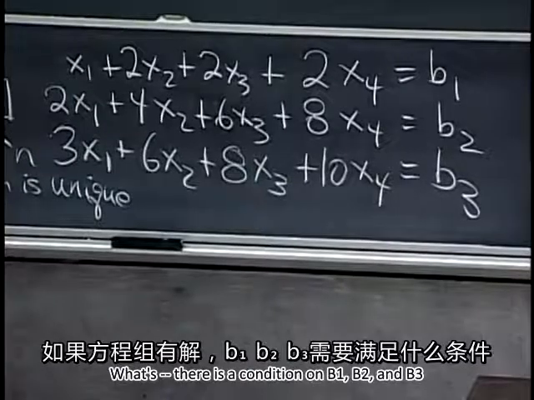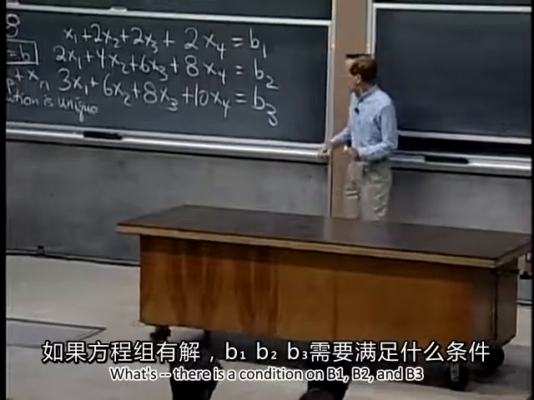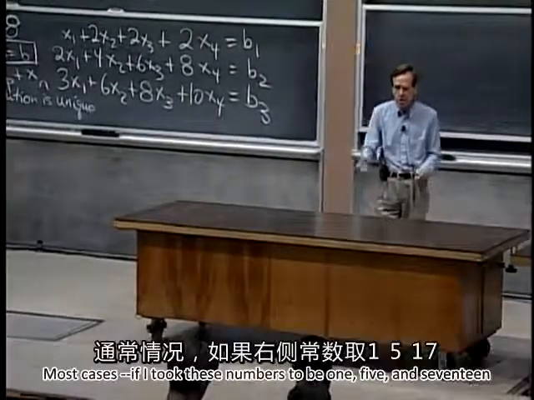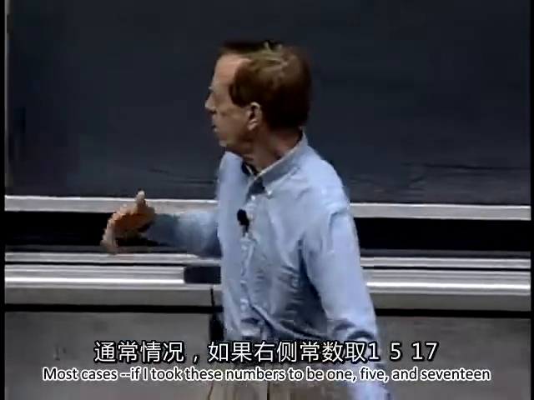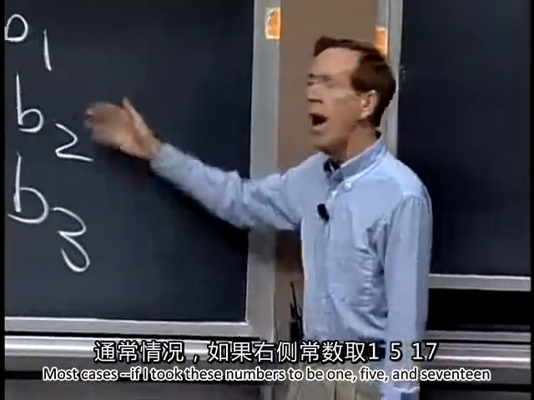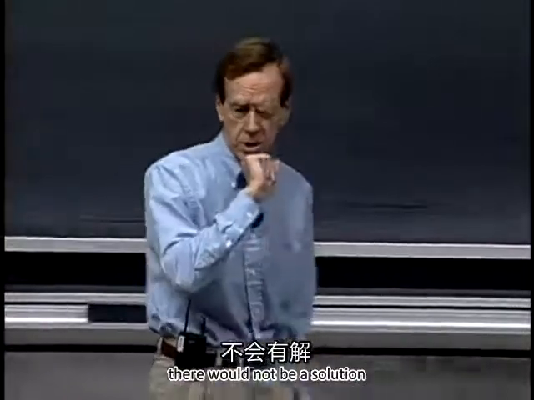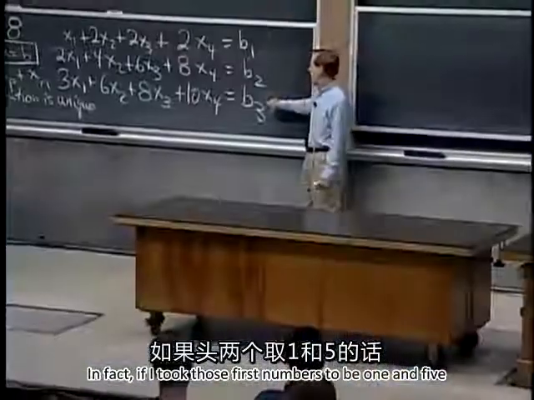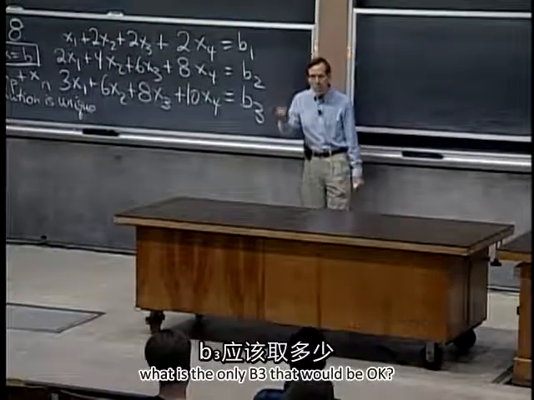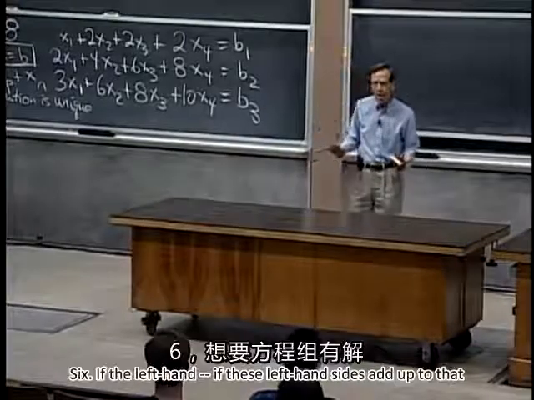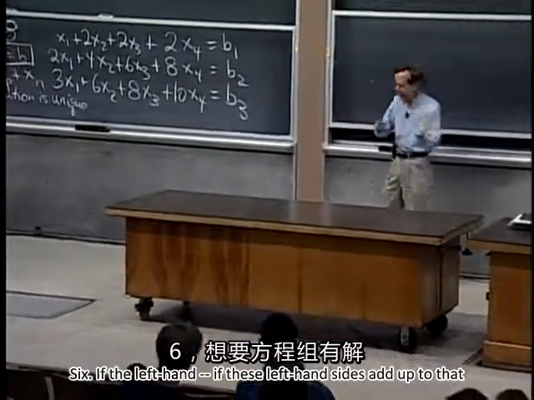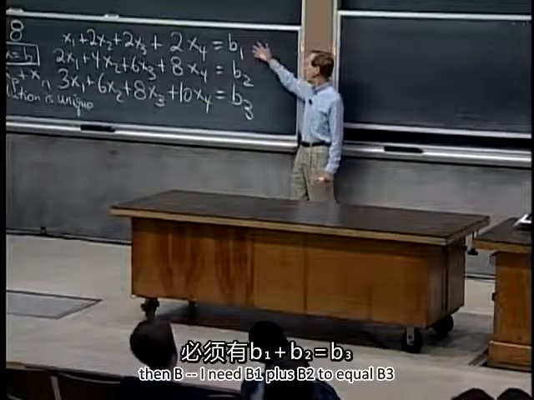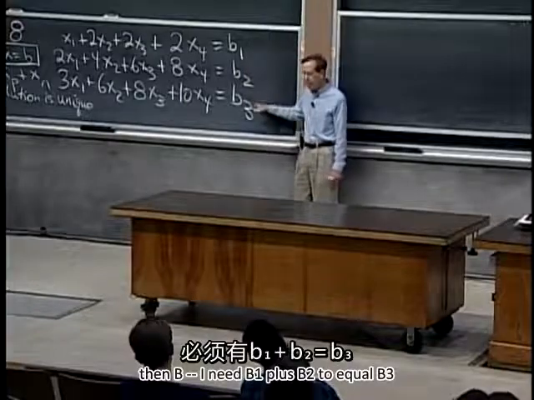There is a condition on b1, b2, and b3 for the system to have a solution. Most cases, if I took these numbers to be 1, 5, and 17, there would not be a solution. In fact, if I took those first numbers to be 1 and 5, what is the only b3 that would be okay? 6.